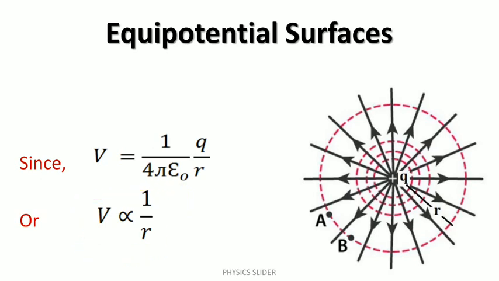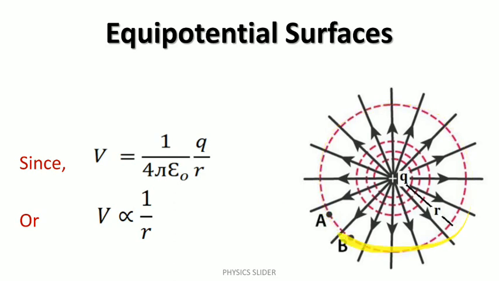If we take only a single sphere, the surface of this sphere, and we take any point on this surface like point B, point A, or any other point, the radius for any point on this surface will be equal. So when the radius is equal for all the points on this surface, then V is also constant, and hereby the electric potential will be constant. It means the electric potential at each point of this surface is the same.